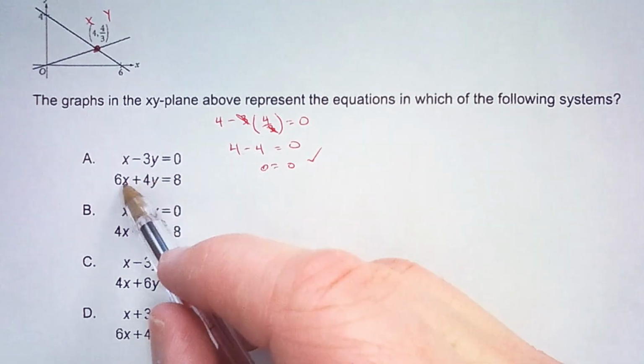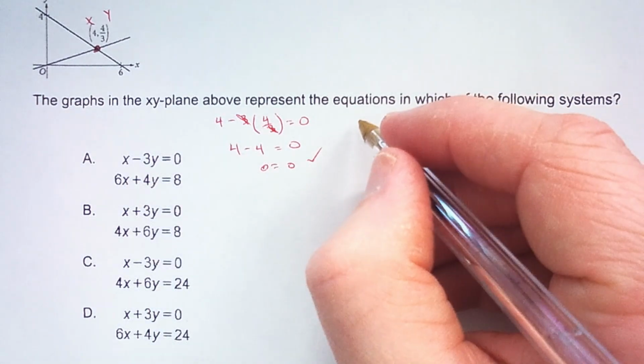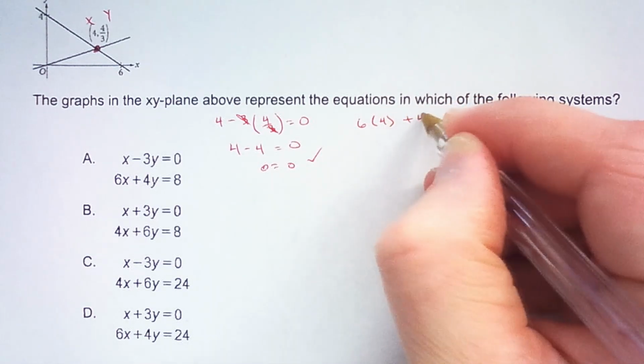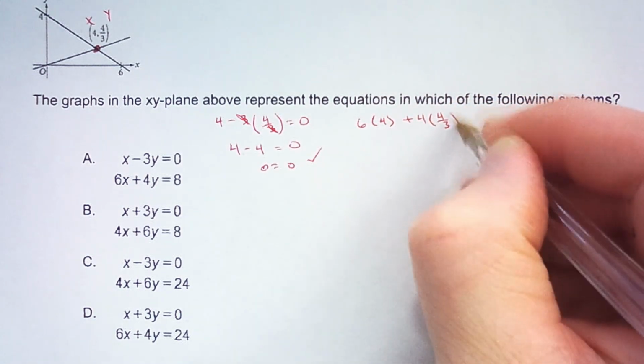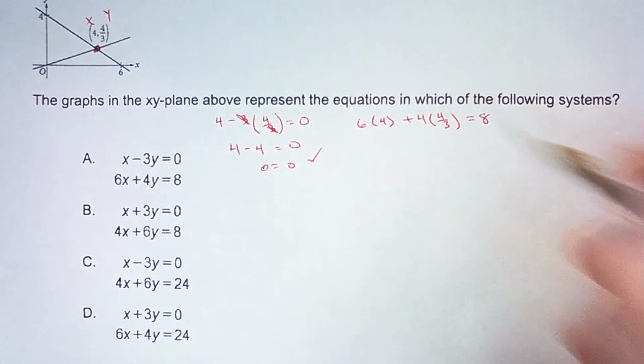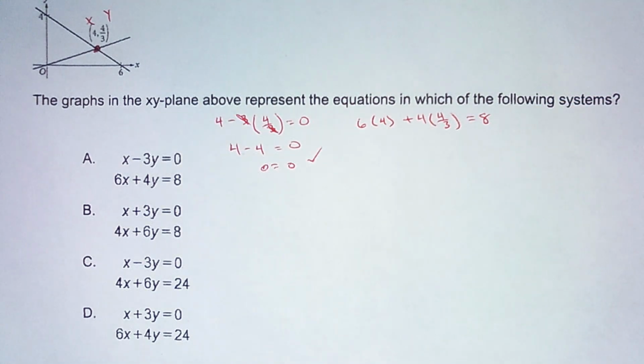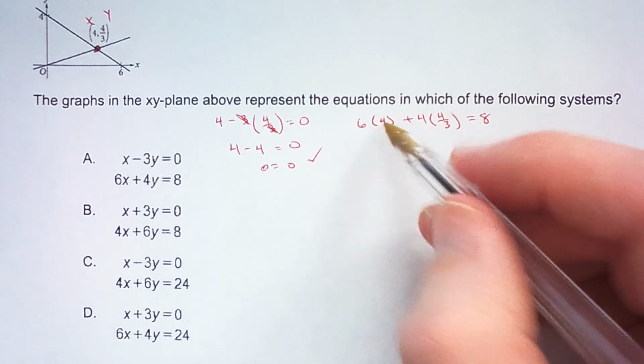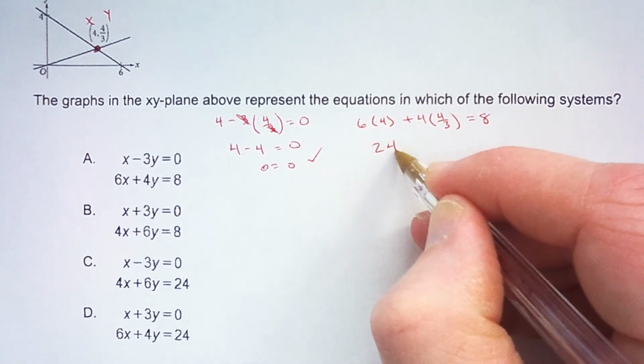So now let's try that point in the second equation here. So we have 6 times 4 plus 4 times 4/3 equals 8. Okay, so 6 times 4, let's see, 6, 12, 18, 24.